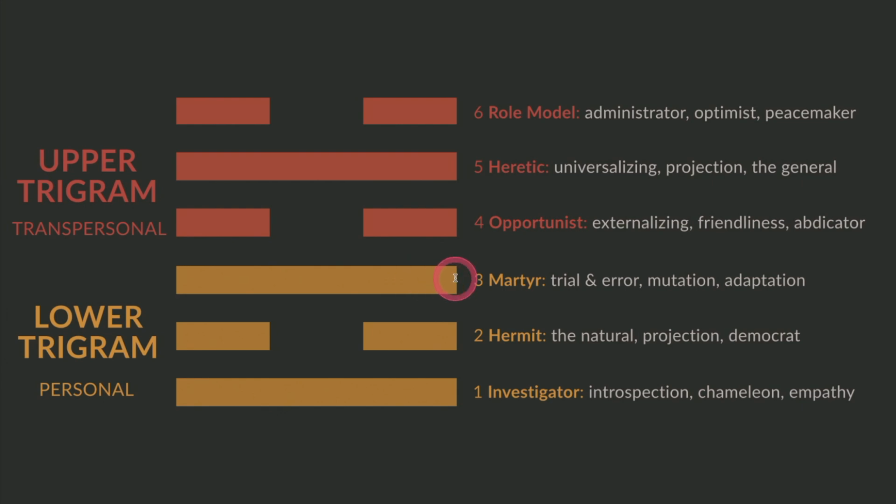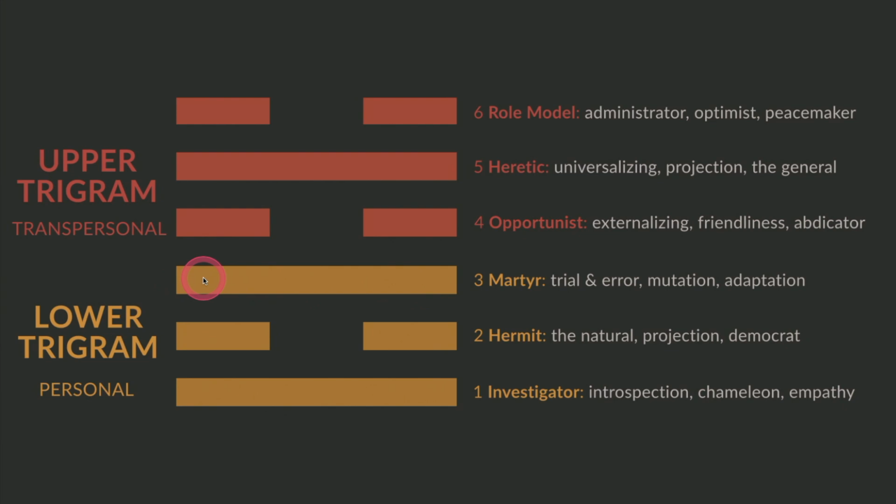And it's good to be able to appreciate that once you can understand the way all these lines work, there are recurring themes that can be applied in different ways. Here we're looking at the role. And the role of the martyr, the third line, is mutation and adaptation. It's always associated with the much more material or mundane aspects of any hexagram, this third line.